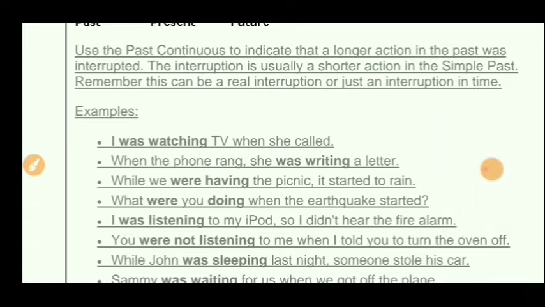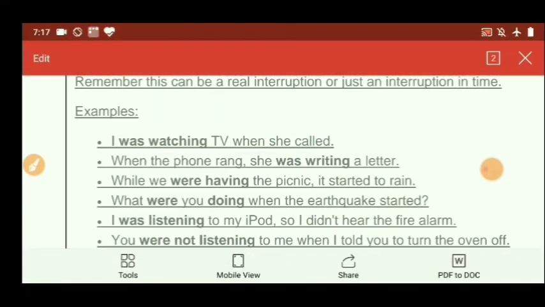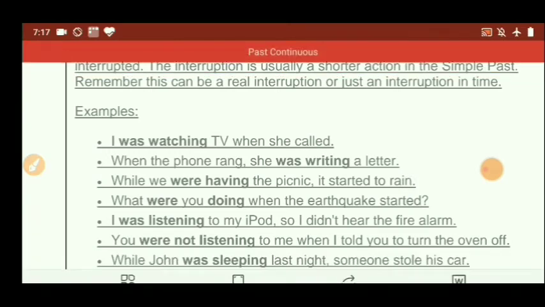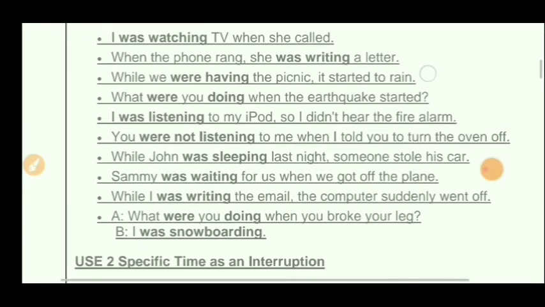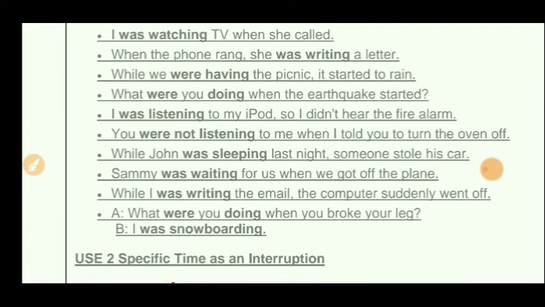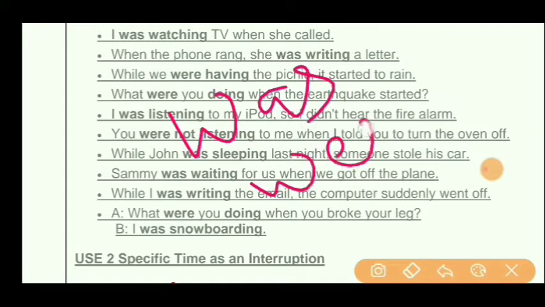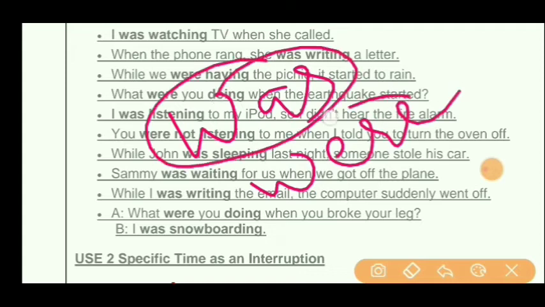See the other examples also, continuing with the same pattern. In every type of sentence, you will find two helping verbs, which are was and were, either was or were.